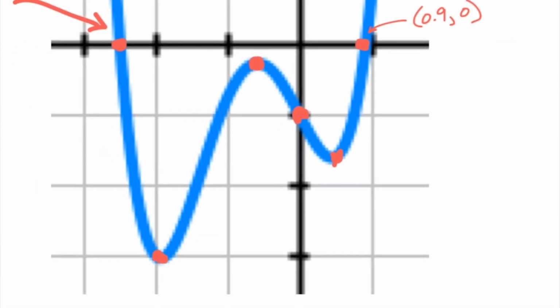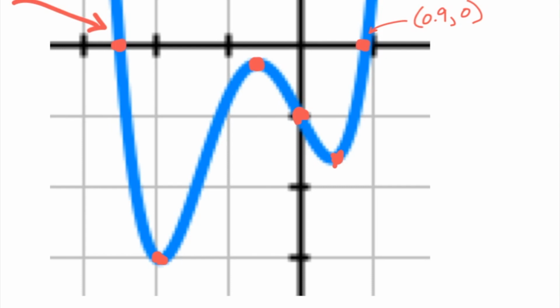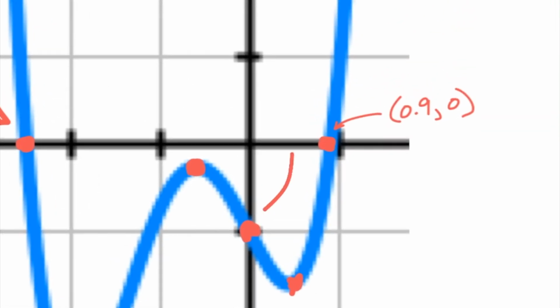Right here, this x-intercept, I'm going to say is approximately -2.5. And this x-intercept over here, it's just a little less than 1, so I'm going to say it's 0.9. And then the y-intercept here, I'm going to call that -1, exactly -1.